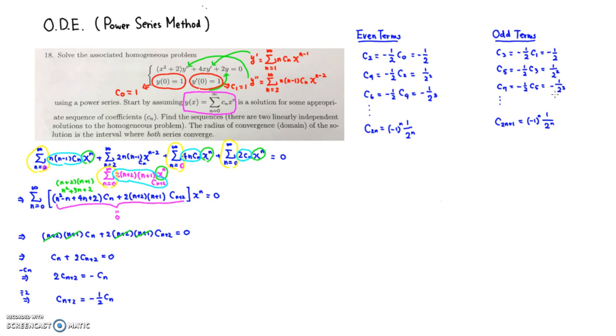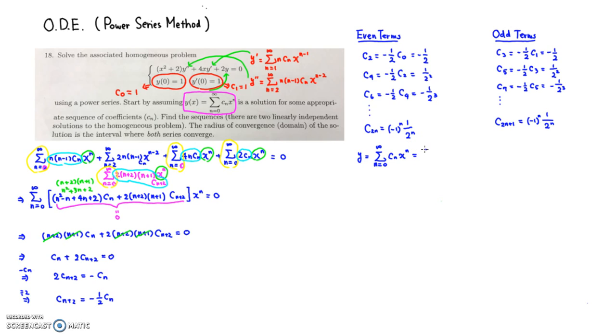Then we remember that the solution is the summation of Cn x to the n. So we can split y into an even one and an odd one.